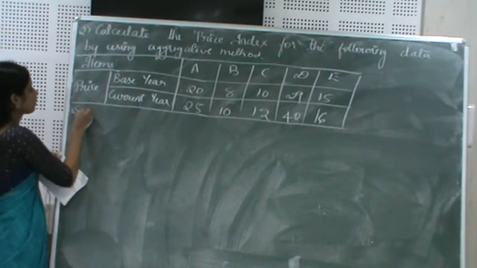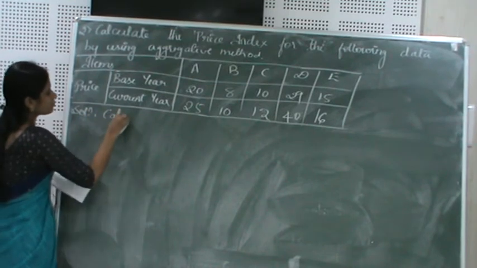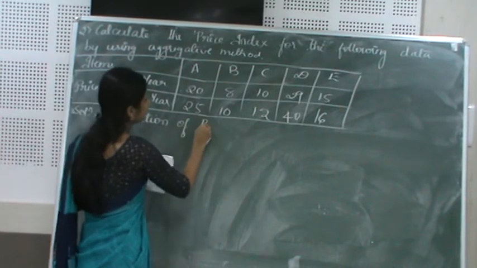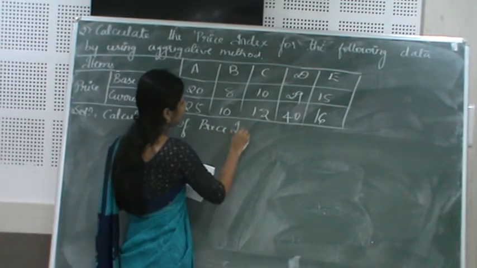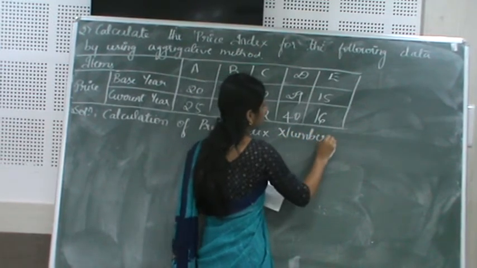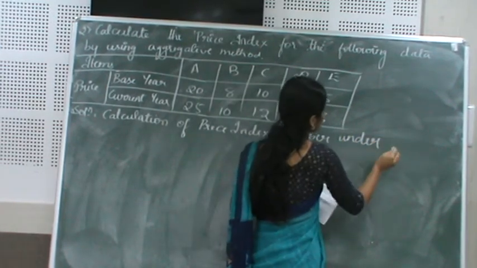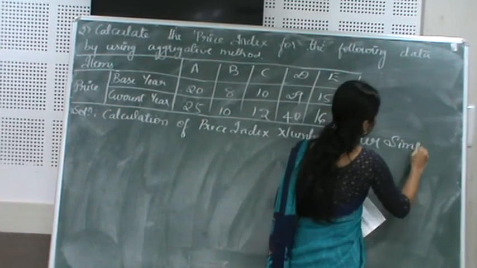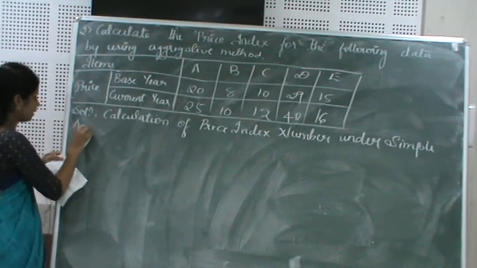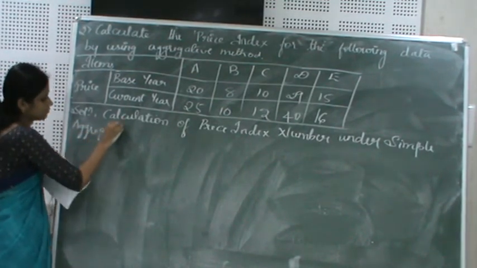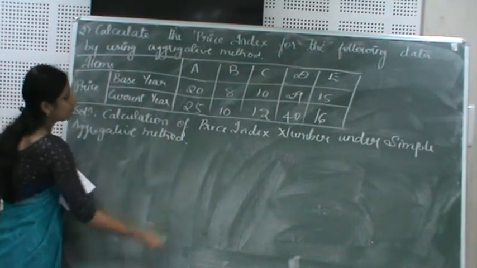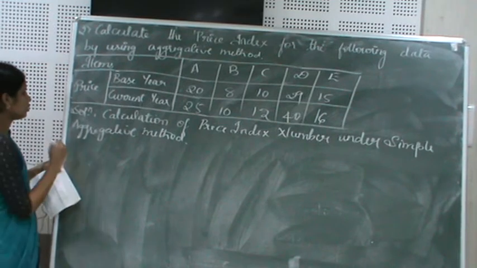So in the solution, calculation of price index number under simple aggregative method. First of all, we will draw the same table in the solution.